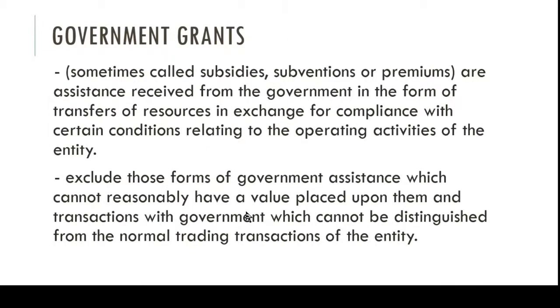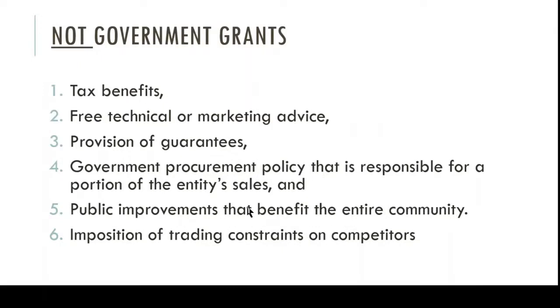Examples are receipt of cash, land, or other non-cash assets from the government, receipt of financial aid in case of loss from calamity, forgiveness of an existing loan, or a benefit of a government loan with below market rate of interest.